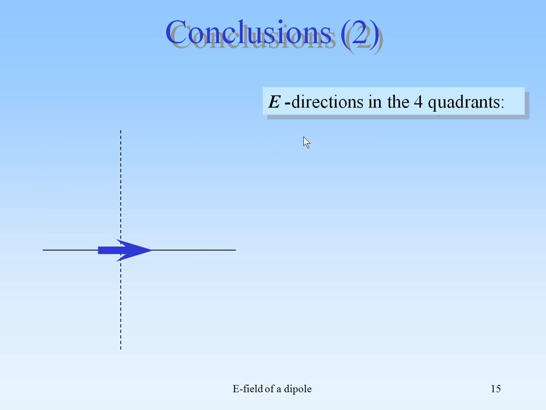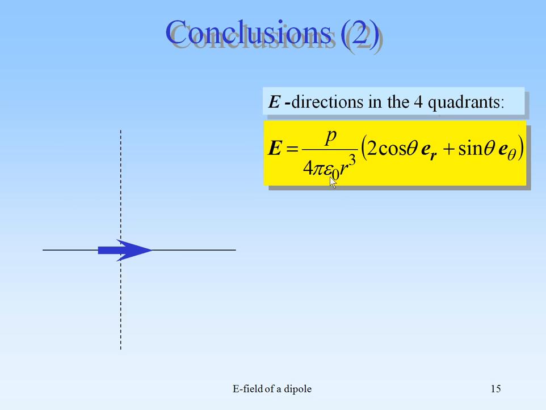Now let's investigate the directions of E in the 4 quadrants. Here is the expression with the cosine and the sine. And here are the 4 points of P in the 4 quadrants. This is the P we had met already before with an ER and an E theta in these directions. ER along the R, E theta along the theta.